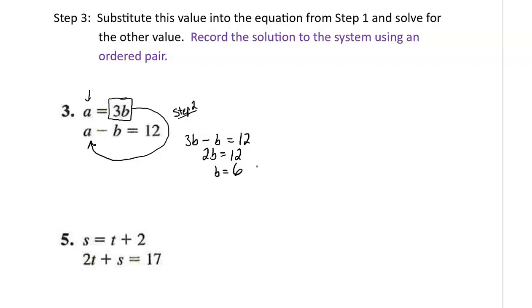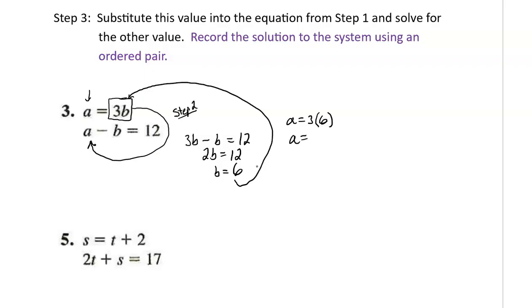Now, step 3 is also substitution. You take the value that you just figured out for the letter b and substitute it into the first equation where the letter b is. Write down what you get. a equals 3, and then where the letter b was, fill in 6.